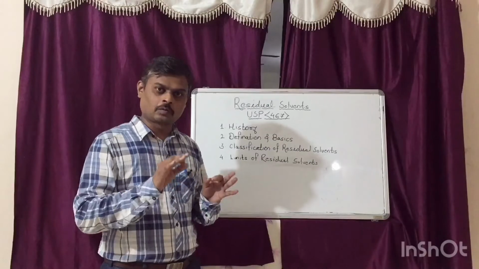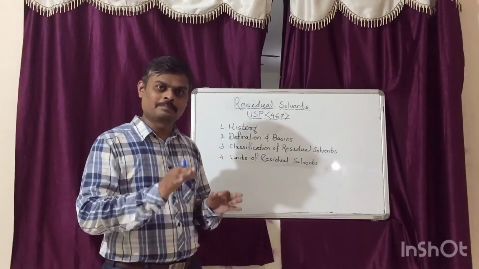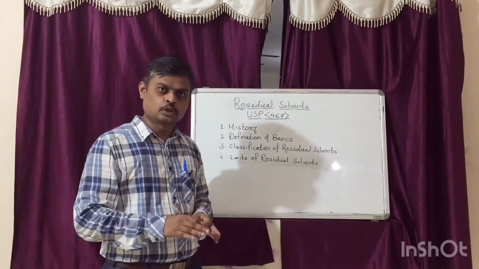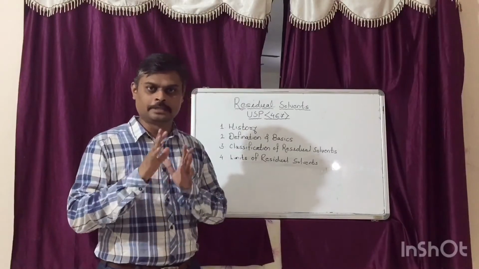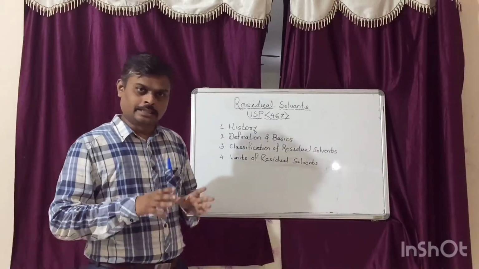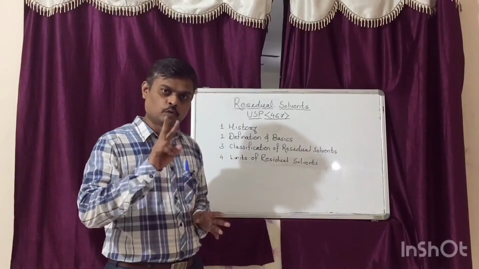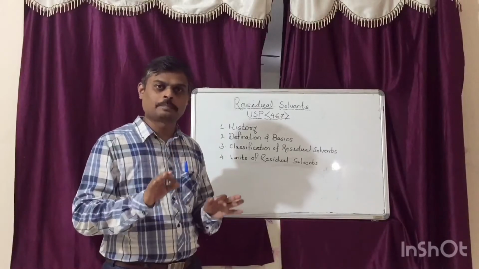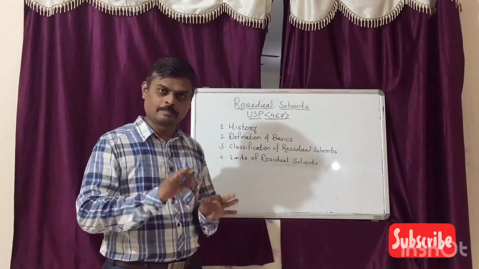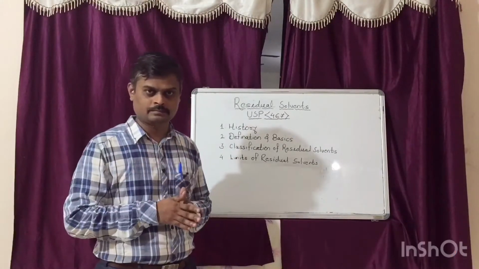The residual solvent should be removed from materials and products to the extent needed to meet the specification limit. This can be done in two ways. The first way is to avoid the use of solvents during the manufacturing process.